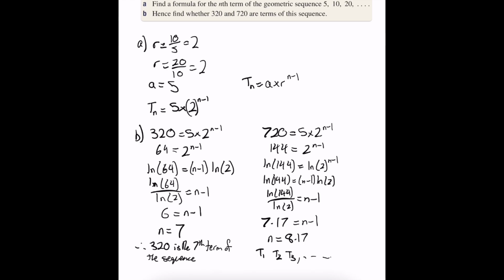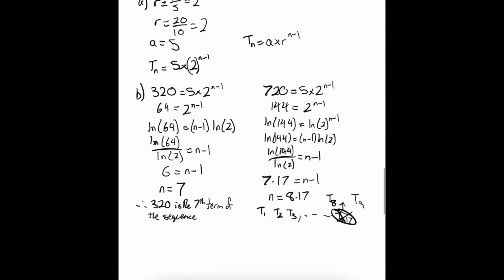But when we have something that is in between these whole numbers, so in between T8 and T9, we will have this T8.17. This is something that doesn't exist. Okay? So what we will say is, therefore, 720 is not a term of the sequence.